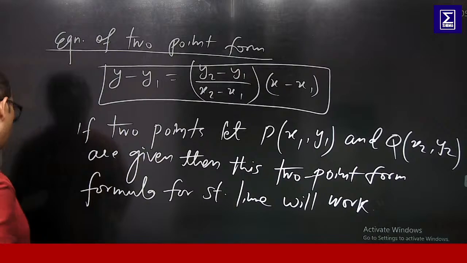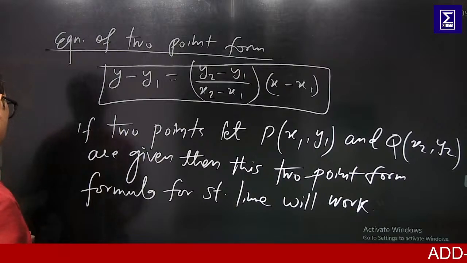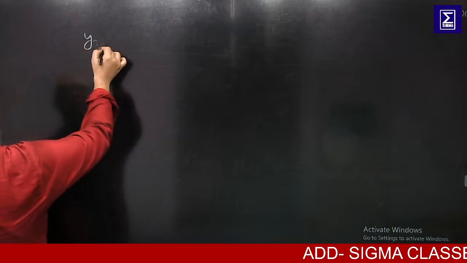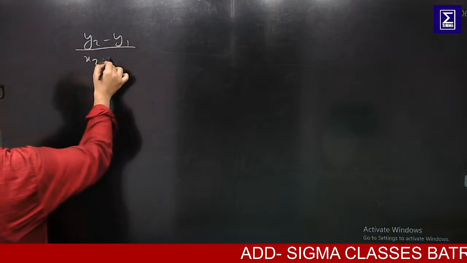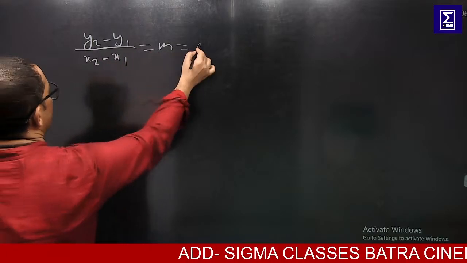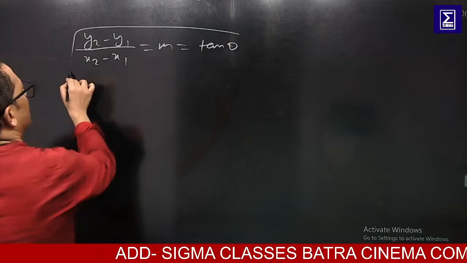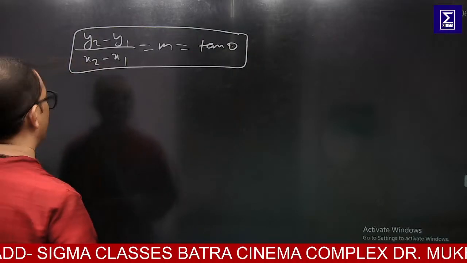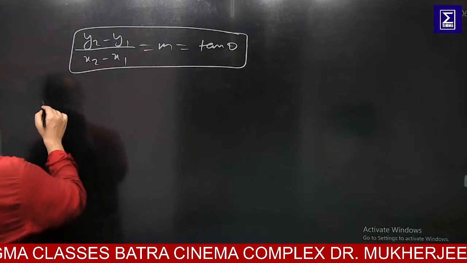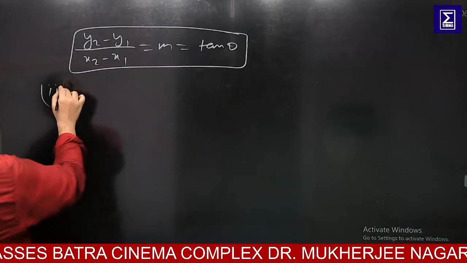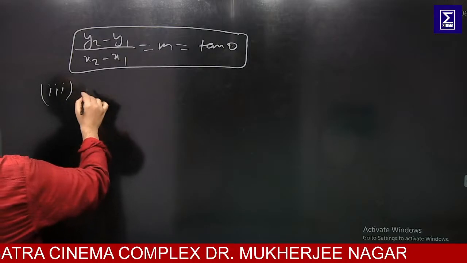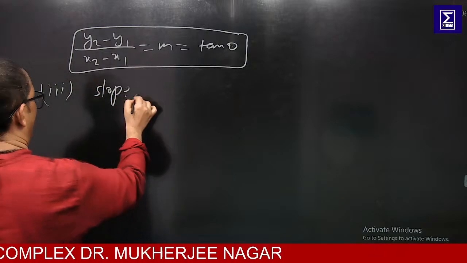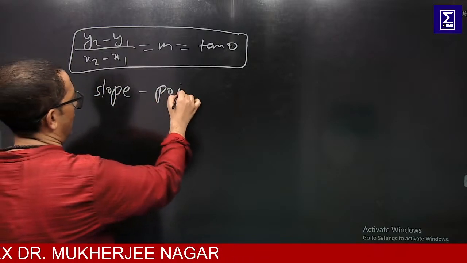Now, if we see very closely, we will find that (y2 minus y1) upon (x2 minus x1) is nothing but the slope, that is tan theta of the straight line. So the same equation could be reduced to another form, and that is the third form, the slope-point form.